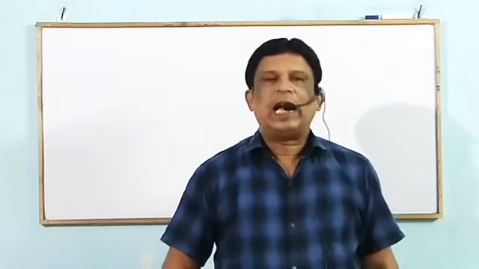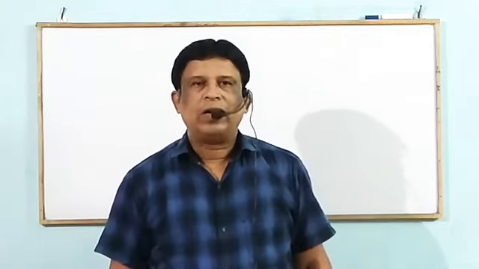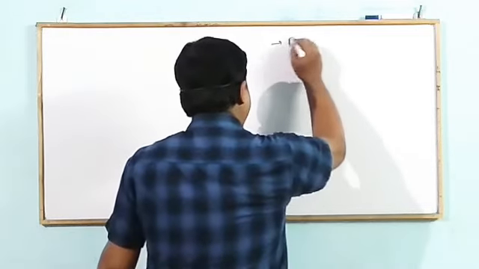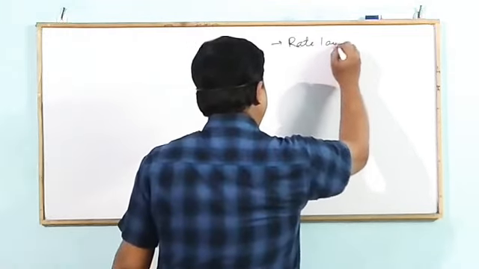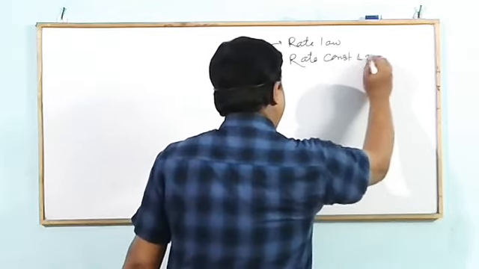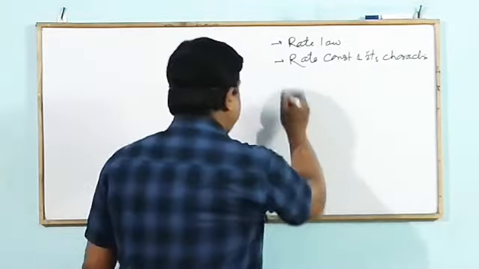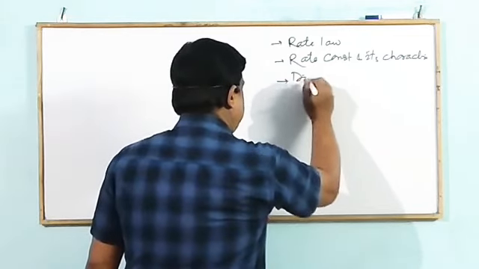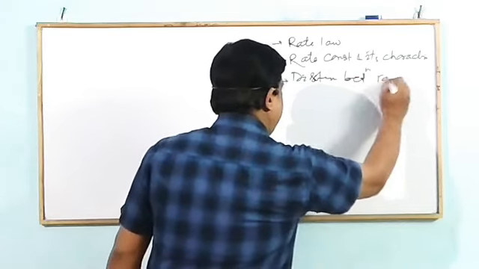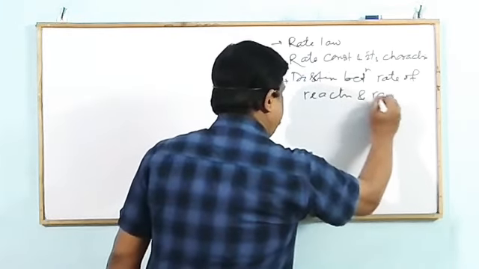Today, in class 2 of the chapter Chemical Kinetics, we will cover rate law and rate constant. What do we cover in today's class? That is rate law, rate constant and its characteristics. Then the distinction between rate of reaction and rate constant.